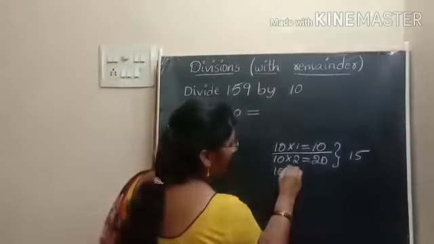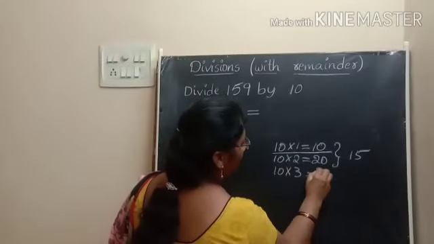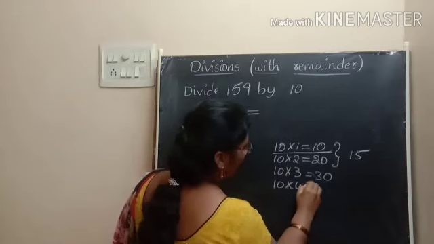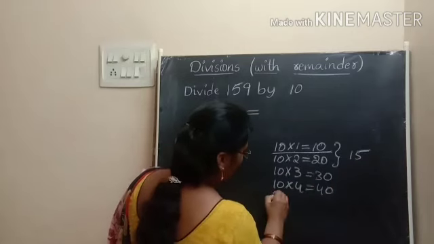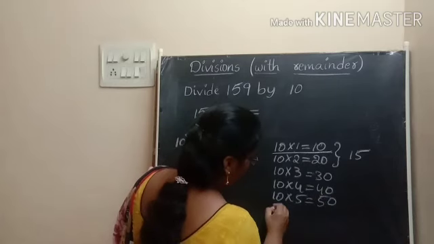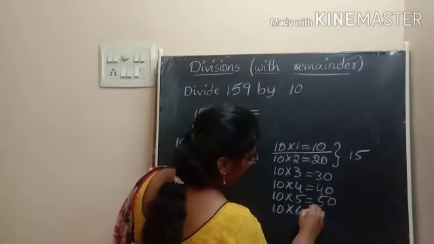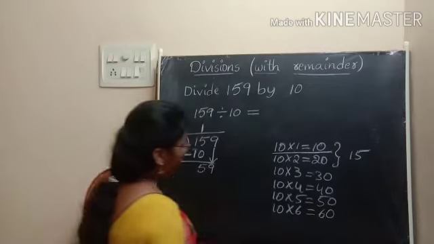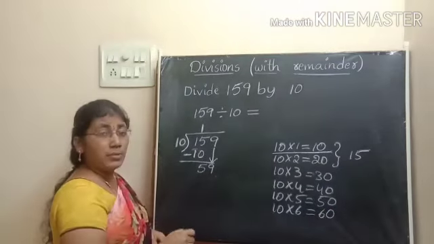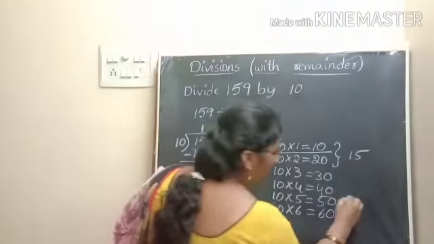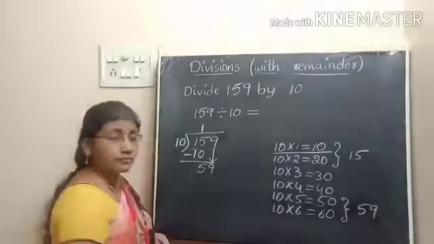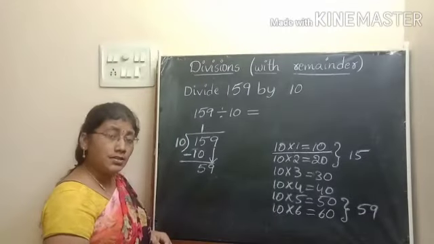Let us see the remaining steps. 10 3s are 30. 10 4s are 40. 10 5s are 50. 10 6s are 60. But we need 59. There is no 59. But 59 is between 50 and 60.